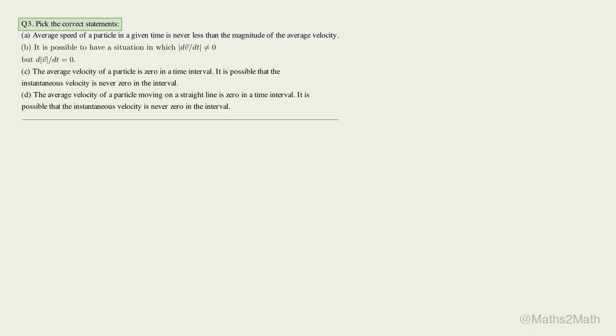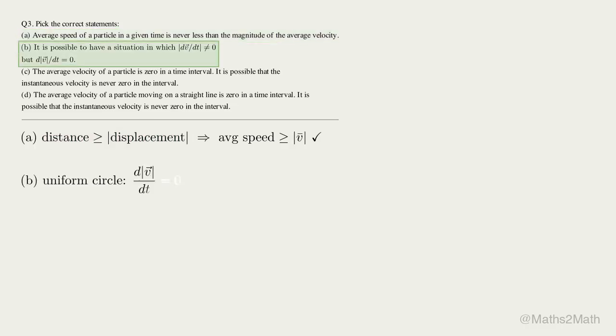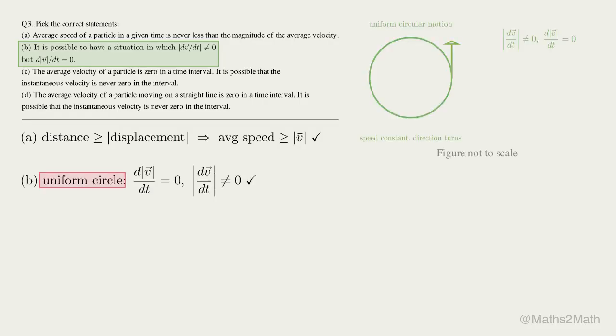Circular motion will settle most of these. Distance covered is always at least the magnitude of the displacement, so dividing by time, average speed is at least the magnitude of average velocity. Option A is correct. In uniform circular motion, the speed never changes, so d|v|/dt is 0. But the direction keeps turning, so dv/dt is non-zero.